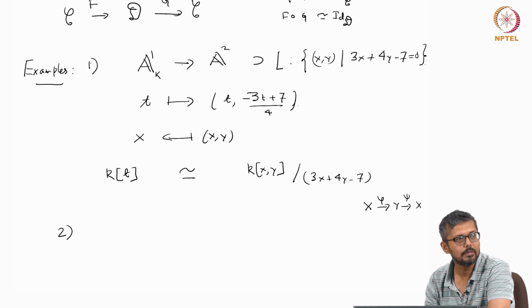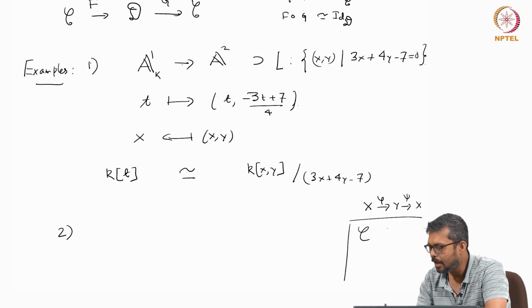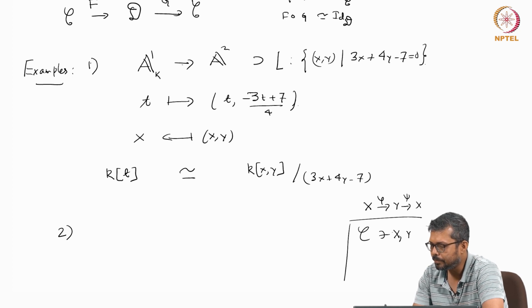Yes. This is true for any category. Suppose you have a category C and you have two objects, say X, Y, and a morphism phi.